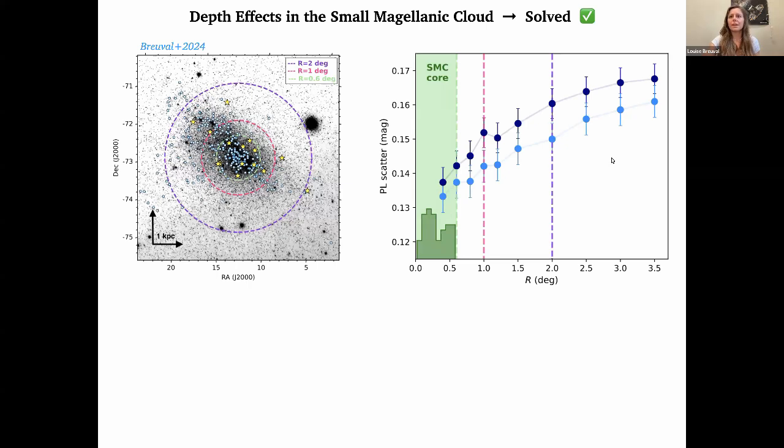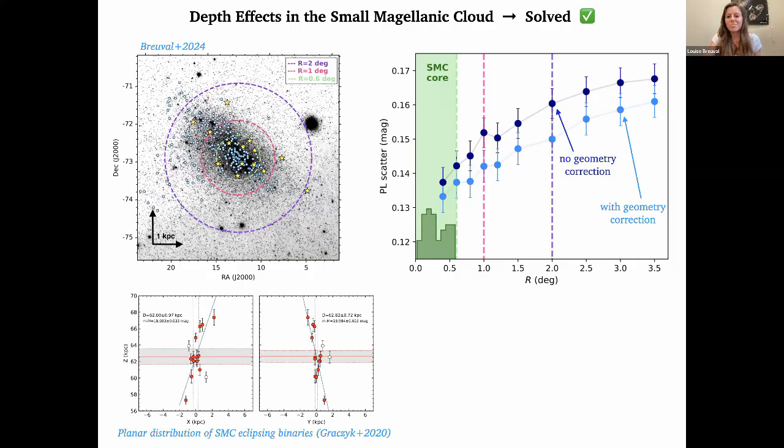And there are two different lines here, with and without additional geometry correction. This is another improvement we can make by accounting for the exact position X, Y, Z of each Cepheid in the Small Magellanic Cloud, so their depth compared to the rest of the galaxy, using, for example, the distribution of eclipsing binaries as shown here.